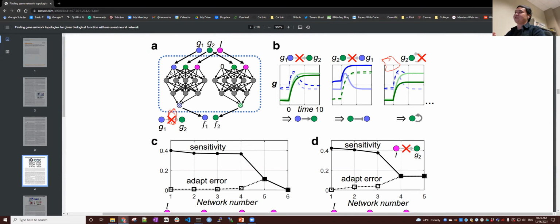So after we train a recurrent neural network, we divided them into two, and we just set the second recurrent neural network G1 value equals to 0. So which means this F2, the output F2.